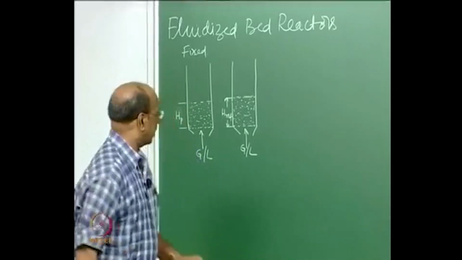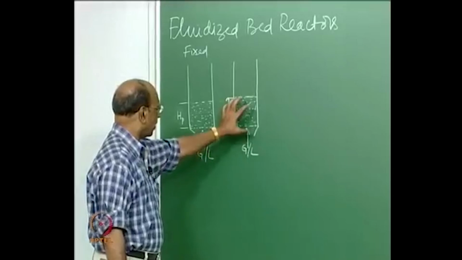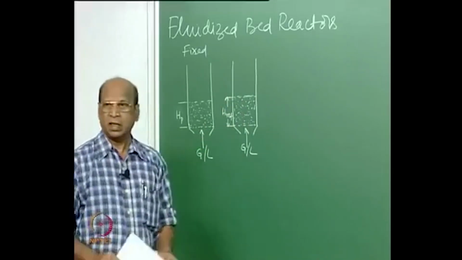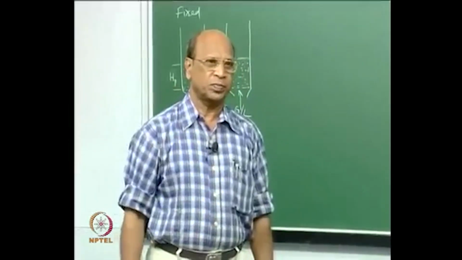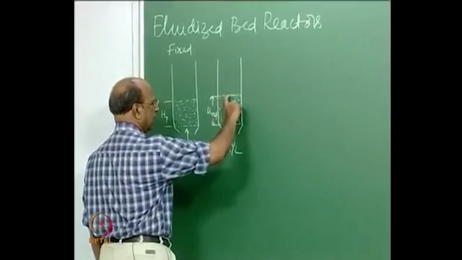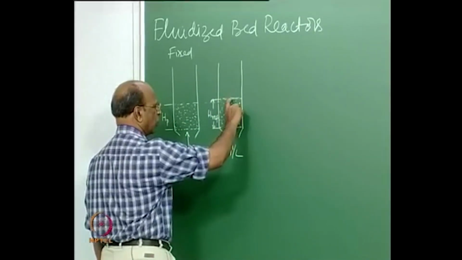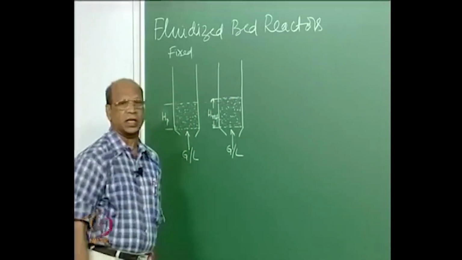Okay? But here at this point of time, if I want to test the characteristics of this bed, if I put, let us say, an iron ball, right? Here, after the weight is balanced by the drag force, if I put that steel ball, then that will simply sink.